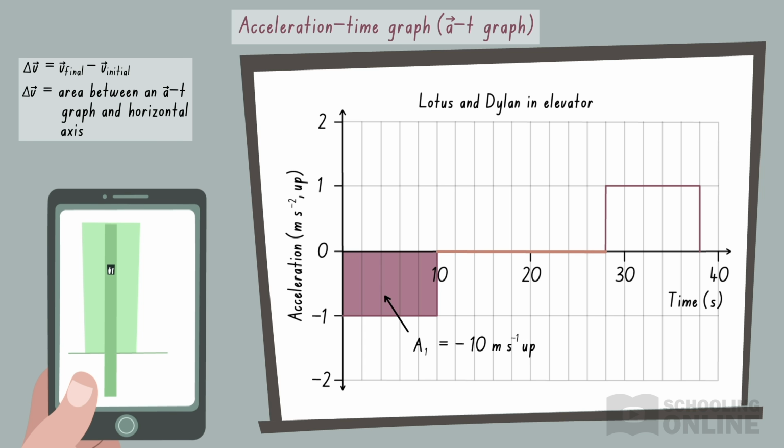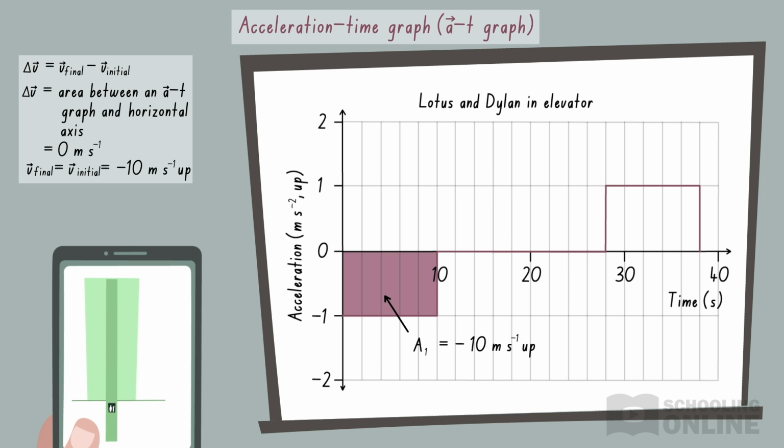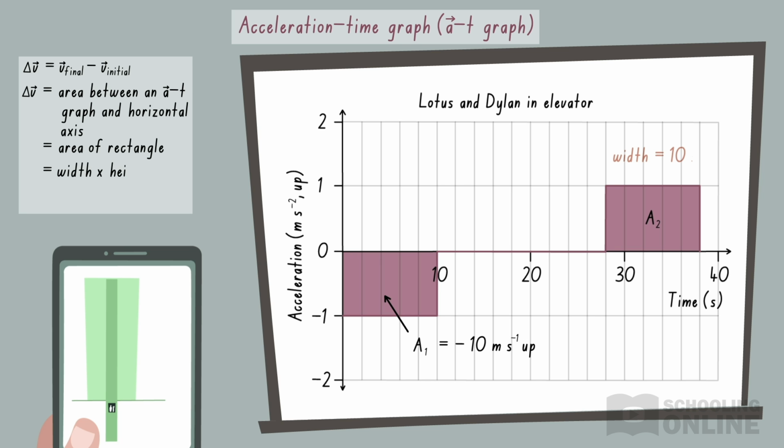Between 10 and 28 seconds, the graph coincides with the horizontal axis. This means the area is 0 and the change in velocity is 0. Accordingly, the lift travels at a constant velocity of -10 metres per second up for this entire section. The last section, from 28 to 38 seconds, is a rectangle with a width of 10 seconds and a height of 1 metre per second squared up.